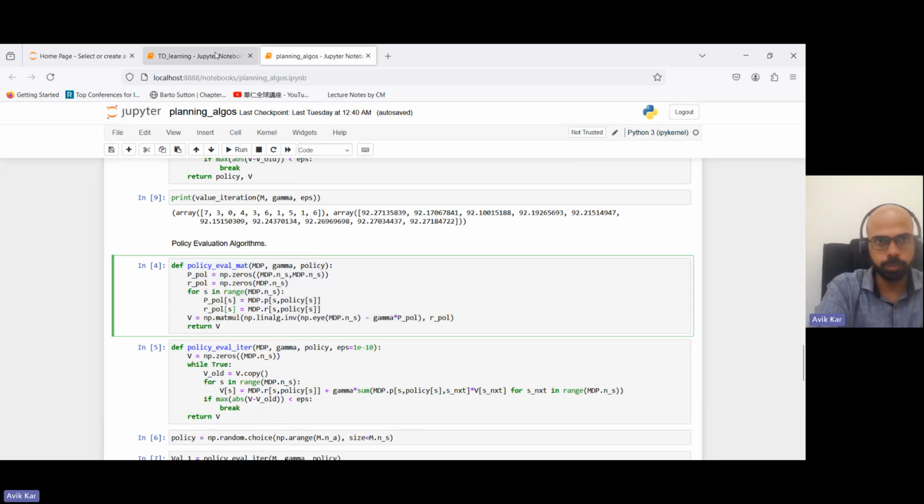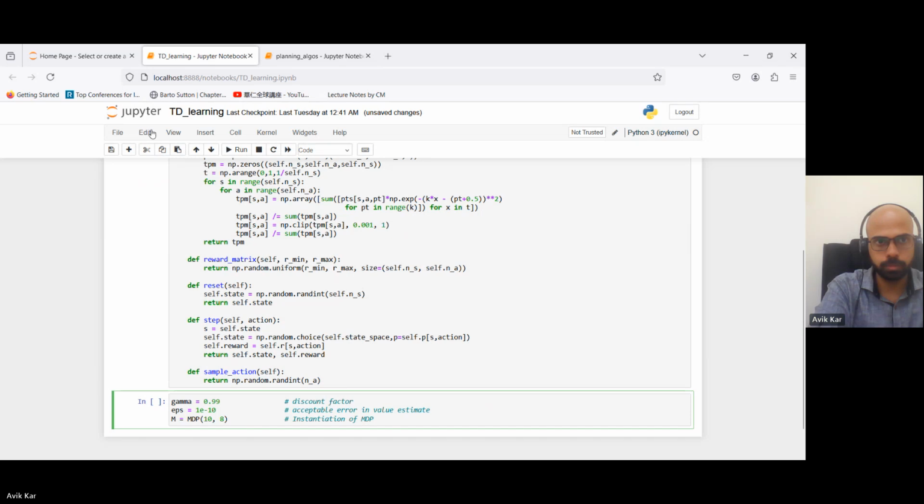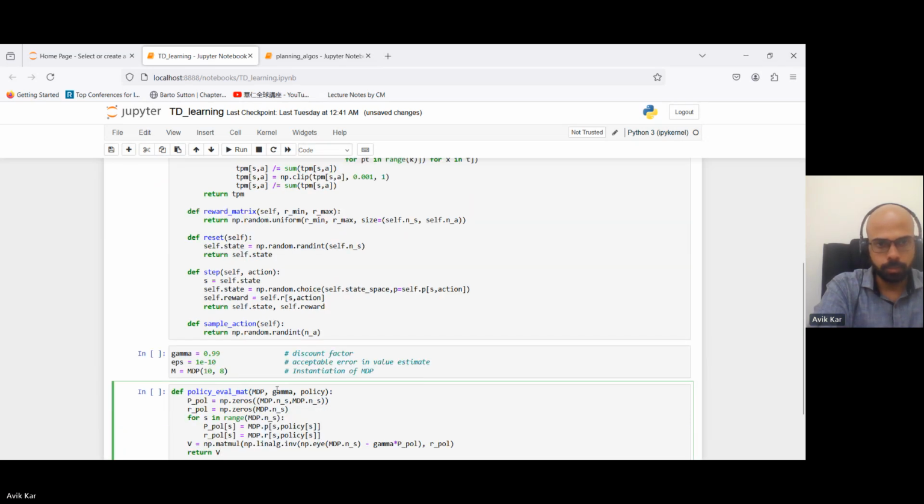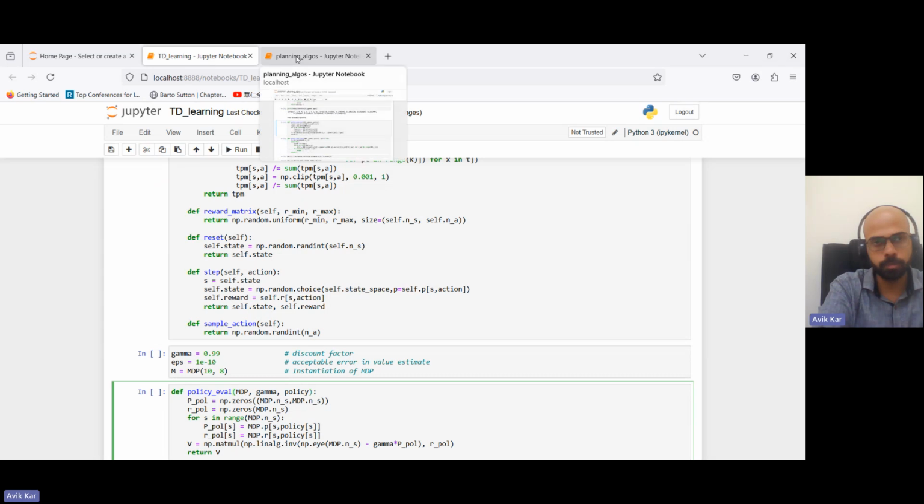Policy evaluation I'm also copying, because we have to compare the value that we are learning through this TD learning algorithm to the true value, right?